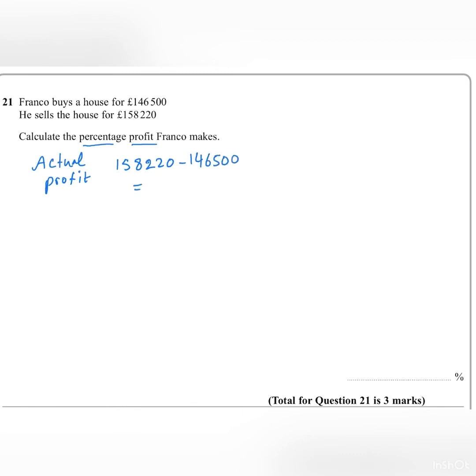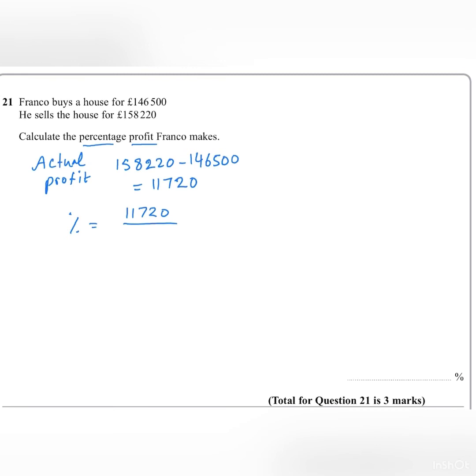Okay, so work this out on the calculator. Okay, so that comes to 11,720. So that was his actual profit. Okay, now how we find the percentage profit is the actual profit that he made divide by the original.